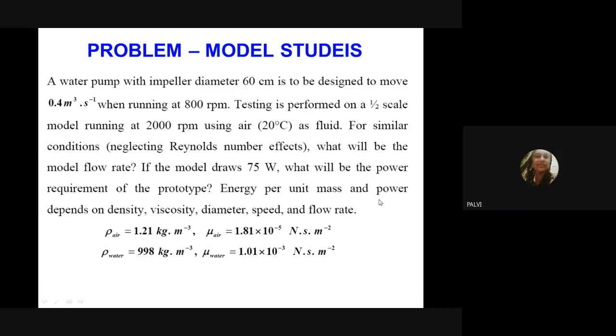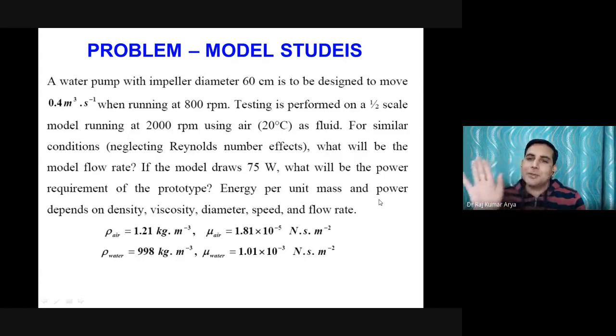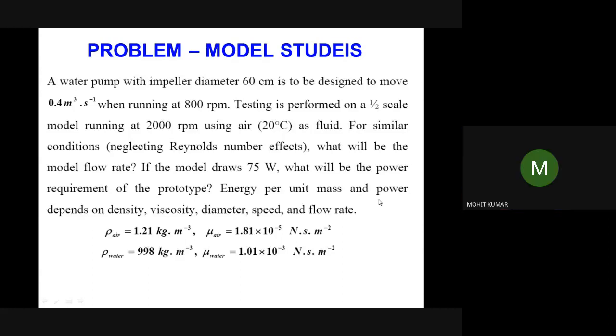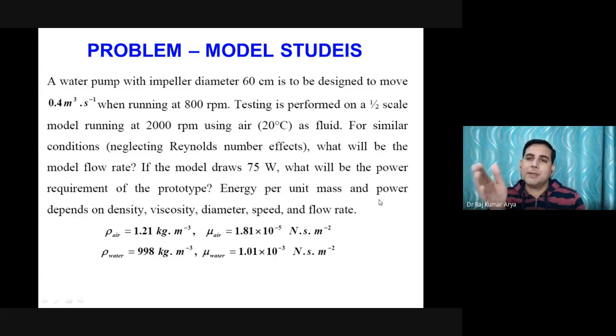And if you draw power, yes, 75 watts. Sir, these values... There is no need of values, Pallavi, no need to confuse with model and prototype. Once you are just finding the dimensions of the numbers, forget about model and prototype. Just read in the question what variables are listed to you.